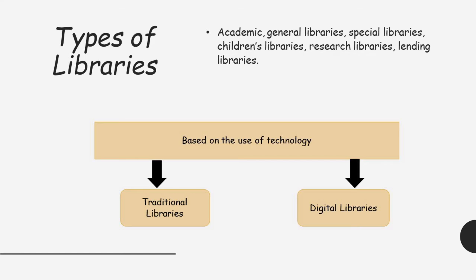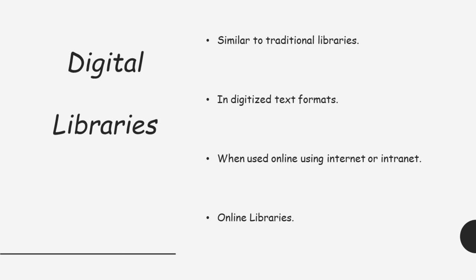Now, based on the use of technology, library could be broadly divided into traditional libraries and digital libraries. Digital libraries are similar to traditional libraries, but in digitized text formats. So it's sort of the same content that you find in the traditional libraries that you find in digital libraries, but the format will be different.